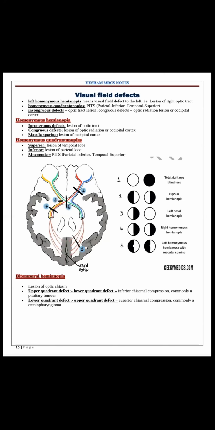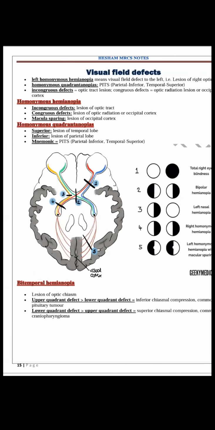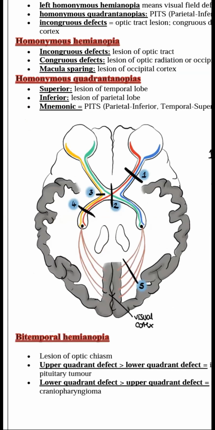Then, after movements of the eye, let's go for visual field defect. As you see here, this is the optic nerve. The optic nerve has 2 fibers.